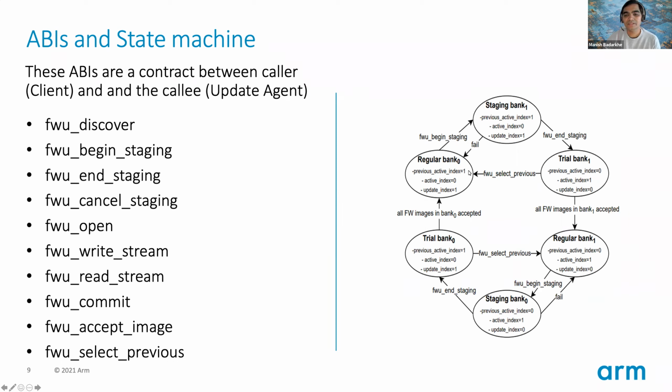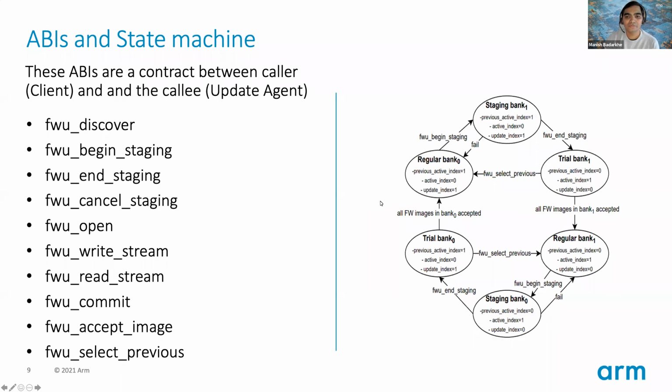If you see the left hand side figure over here, consider these the initial fields where active index is 0. Active index 0 is nothing but I am running with bank 0, and update index 1 is nothing but index 1 is getting updated now.